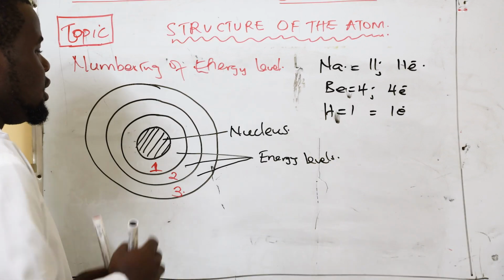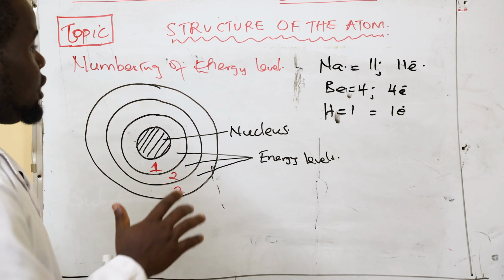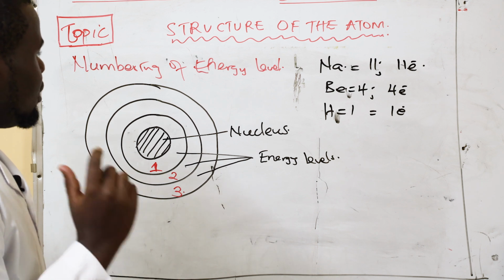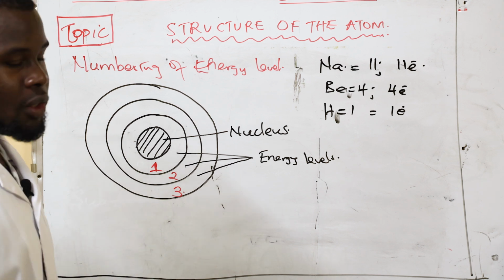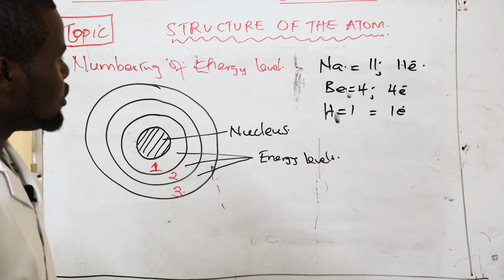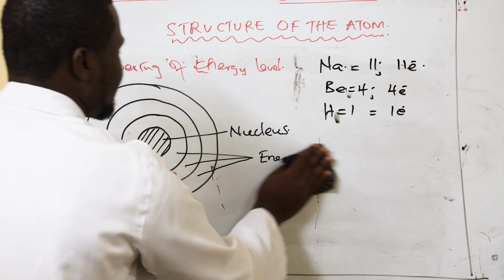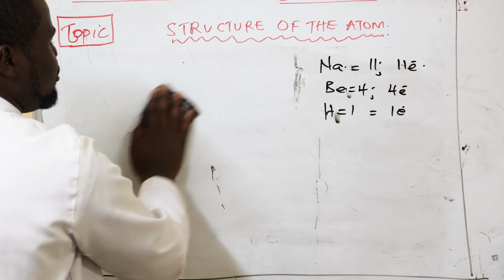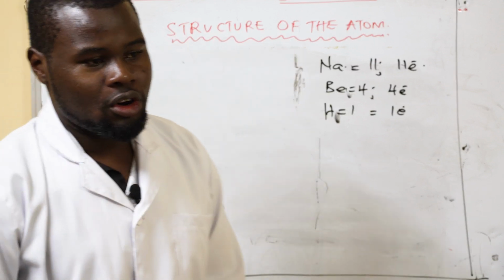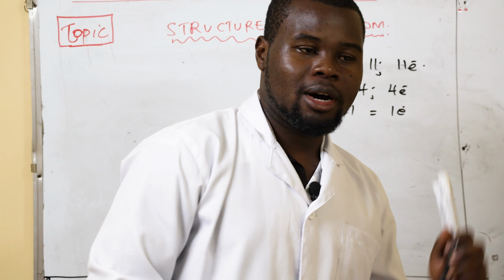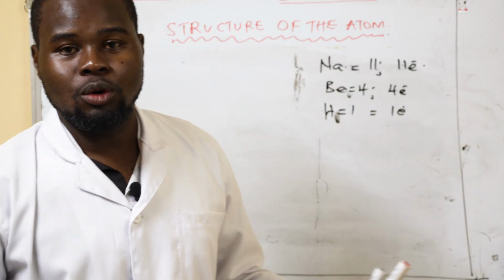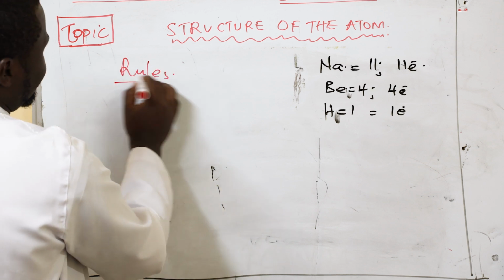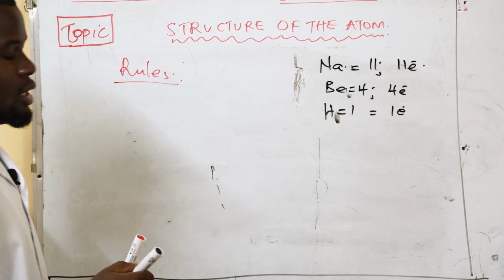Having known how we do this, I want us to try and distribute what we have here, the hydrogen atom, beryllium atom, and sodium atom. How do we distribute these electrons? Now, before we talk about distribution of these sodium, beryllium, and hydrogen, we want to talk about the rules of distributing electrons. The rules. Generally, we have two rules.